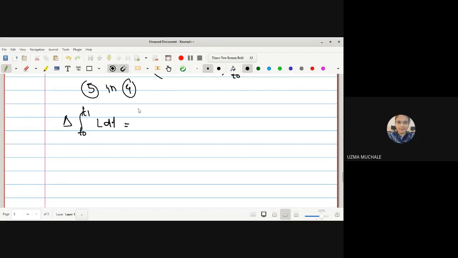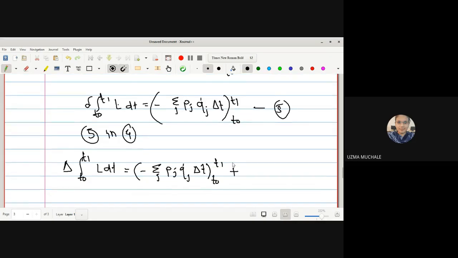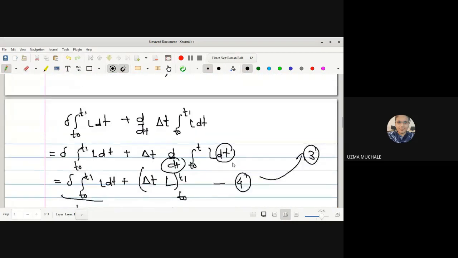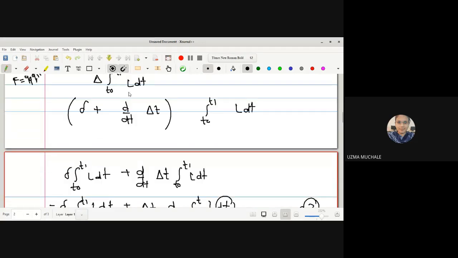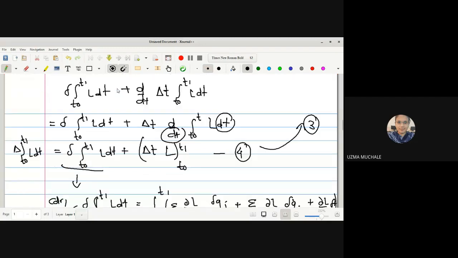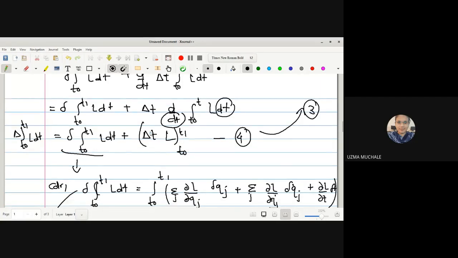The first term is minus summation over j Pj qj dot delta t within the limit t naught to t1, plus from equation 4, which term as it is: capital delta integration t naught to t1 L dt. This is what we were evaluating. So this is our equation 4, plus L delta t, t naught to t1.